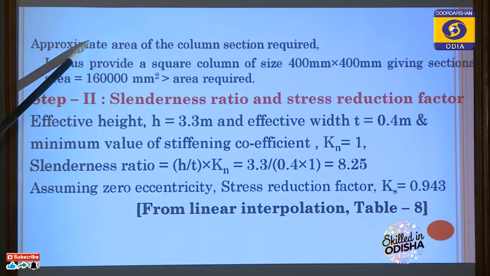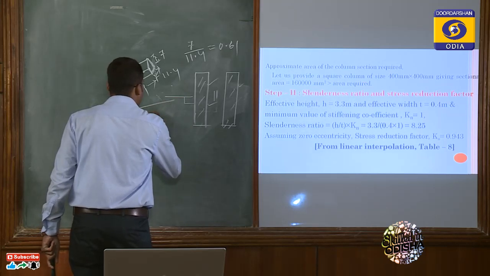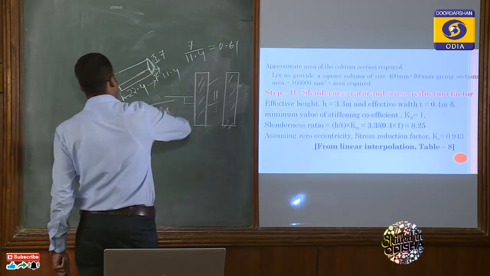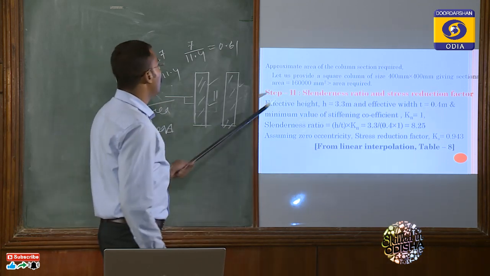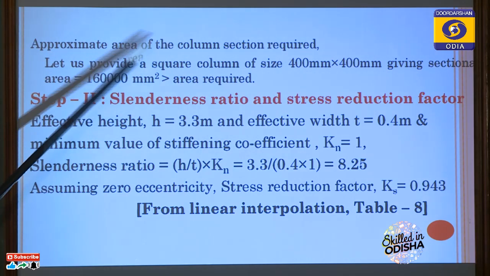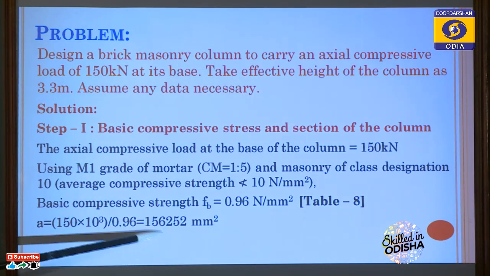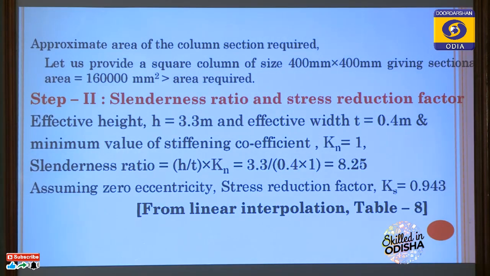So the approximate area of the column, that is whatever area is required, we have to find the root of that. The approximate size of the column is the root of 156252, which is coming around 395 point something.